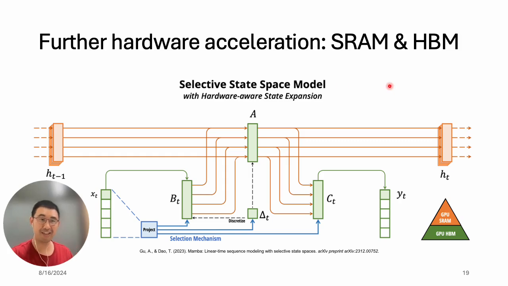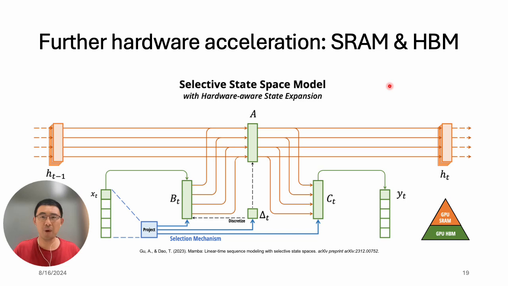In addition, the authors added more acceleration on the hardware side. GPUs actually have two sets of memory: static RAM, and high bandwidth memory. The static RAM is pretty small but super fast, and the computation-heavy part is better done there. The bigger part, which is a bit slower, is called HBM.